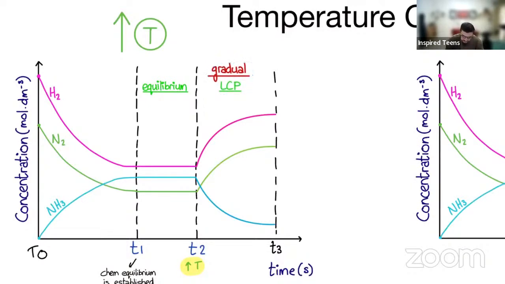So for this one, it's gradual. And from T2 to T3, and it's the same for all concentration versus time graphs, that's where Le Chatelier's principle is in full effect. That's where Le Chatelier's principle tells us that the system counteracts. So from T2 to T3, it is showing us that it's counteracting to what? To then re-establish equilibrium.